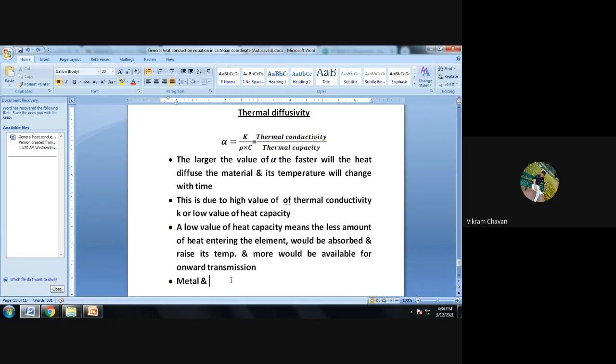Okay, whereas the non-metals or the liquids respond very slowly for the temperature change, because of their relatively small value of thermal diffusivity.